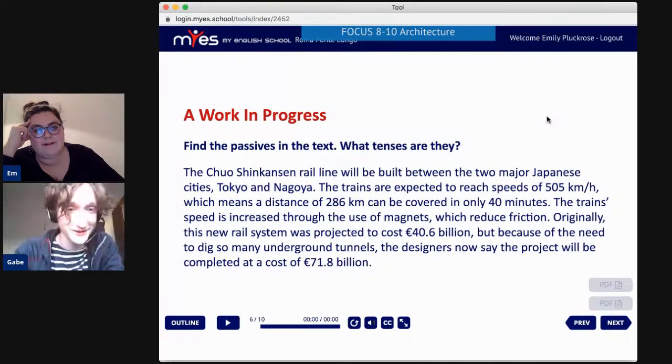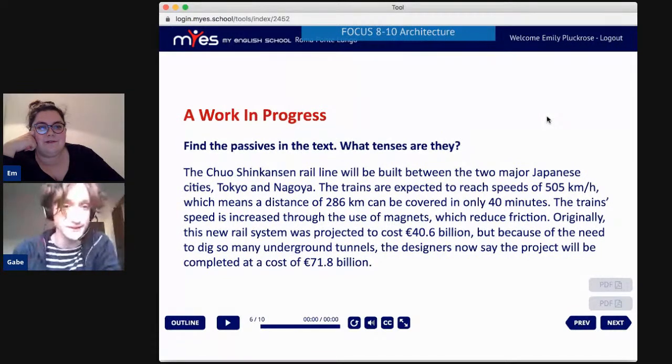Excuse my Japanese, but the Chuo Shinkansen rail line will be built between the two major Japanese cities, Tokyo and Nagoya. The trains are expected to reach speeds of 505 kilometers an hour, which means a distance of 286 kilometers can be covered in only 40 minutes.